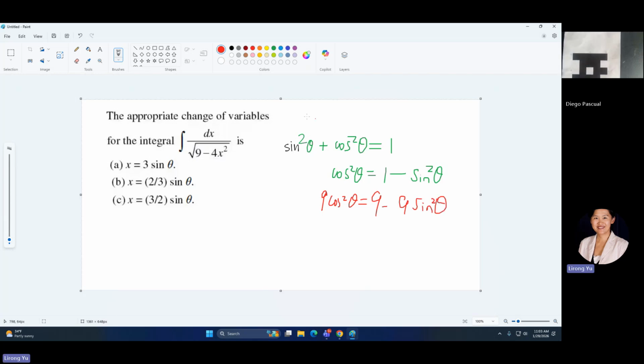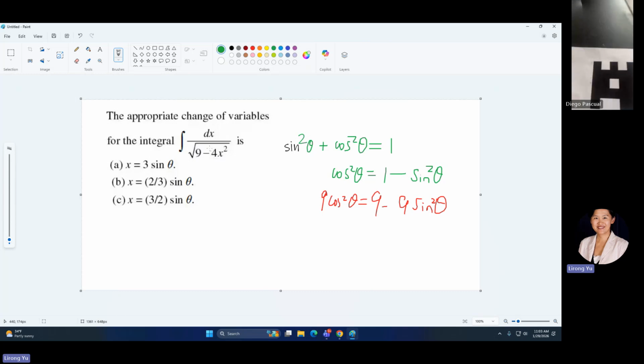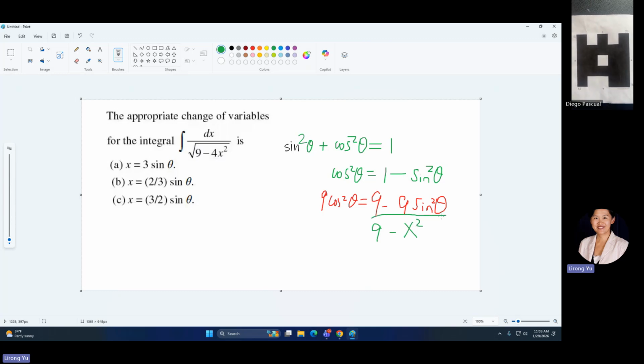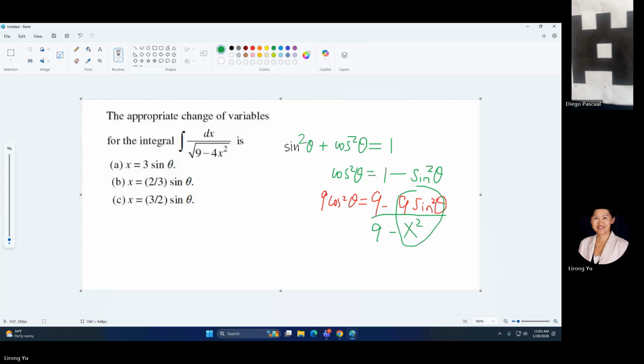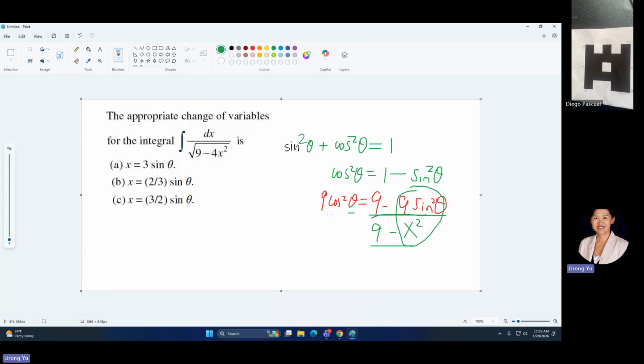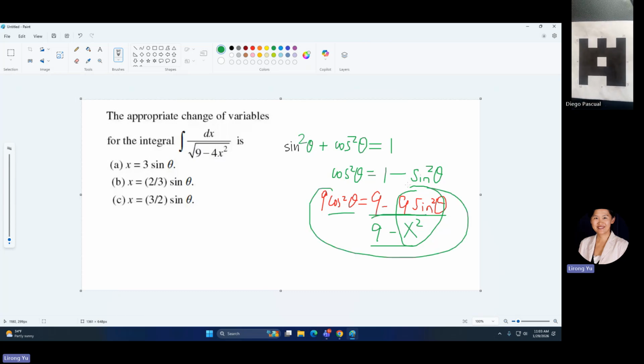And now we have something identical to our question. The question has 9 minus 4x squared, so we're going to compare. We have 9 minus 4x squared compared to 9 minus 9 sine squared. These two are what's not matching, and we're trying to match them because we're hoping this will equal this, so all three are going to be identical after the substitution.